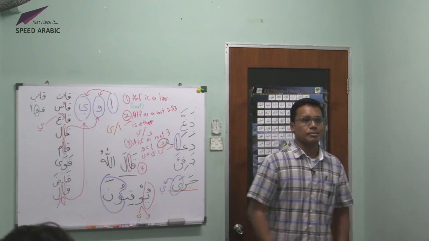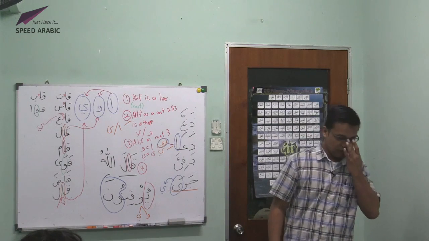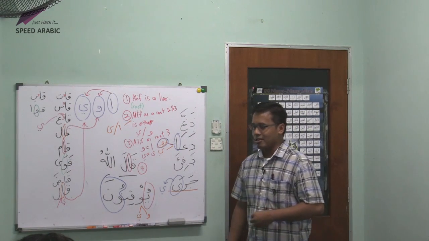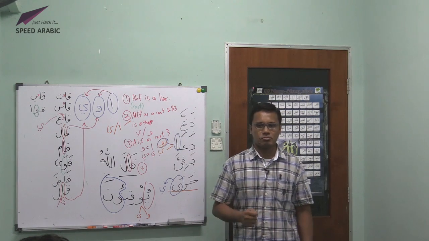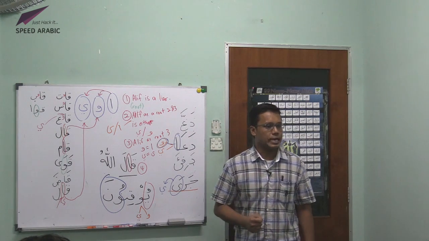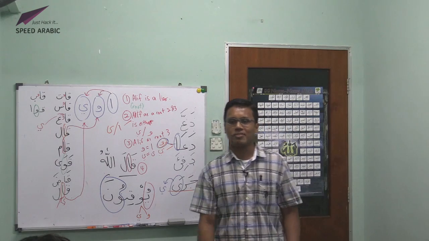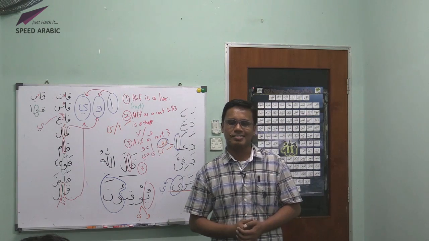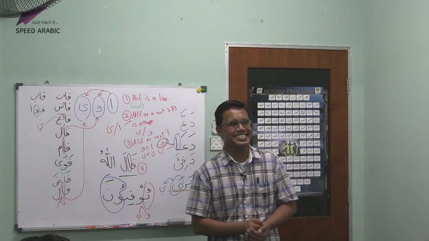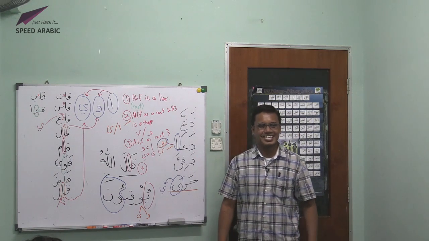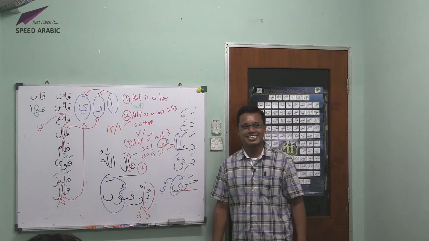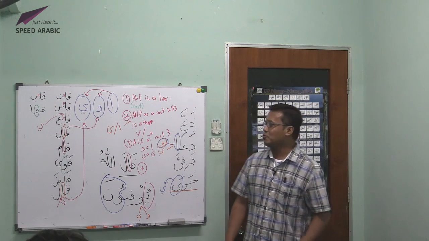The first one to give me the root gets 3 pieces of cake from Abdul Rahim's. So how do you find waqana?